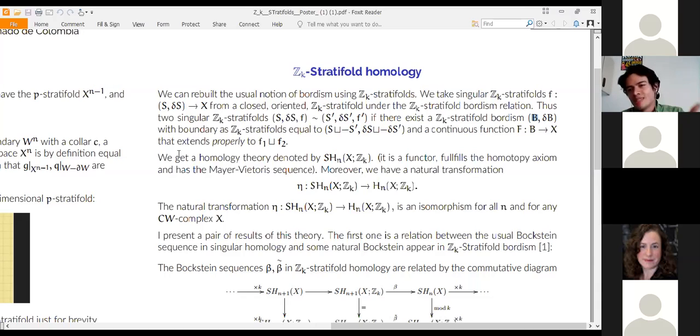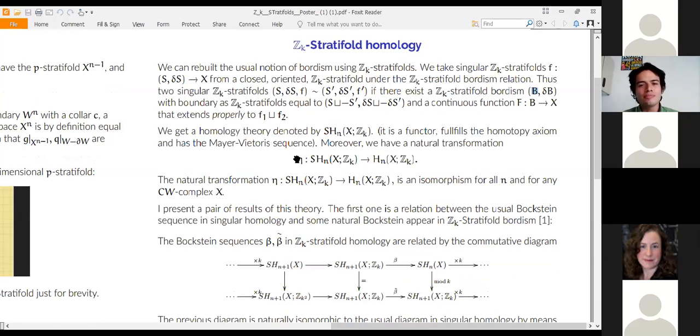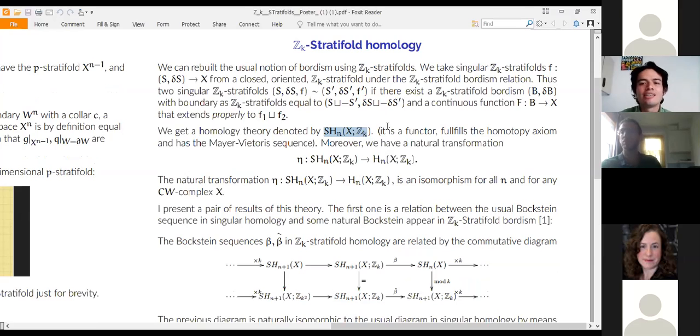And the main result of this theory is the following. We have a natural transformation from this homology theory. We get a homology theory in this sense.